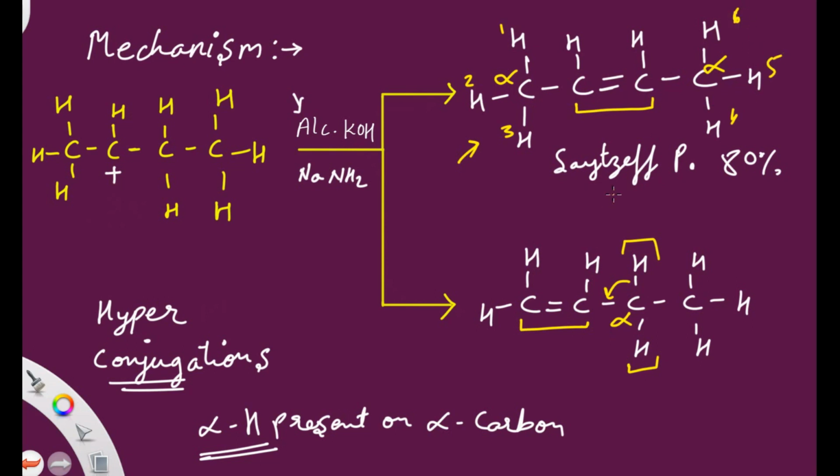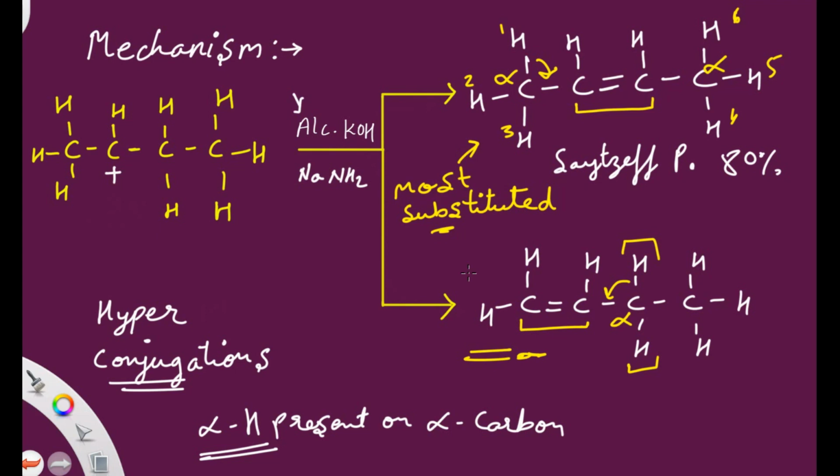There are 6 C-H bonds that can donate sigma electrons into conjugation. So the number of hyperconjugations decides the major and minor product. The higher the number of hyperconjugations, the more major the product will be. Or this is also the most substituted. Now this one is the most substituted alkene. This one is the least substituted.